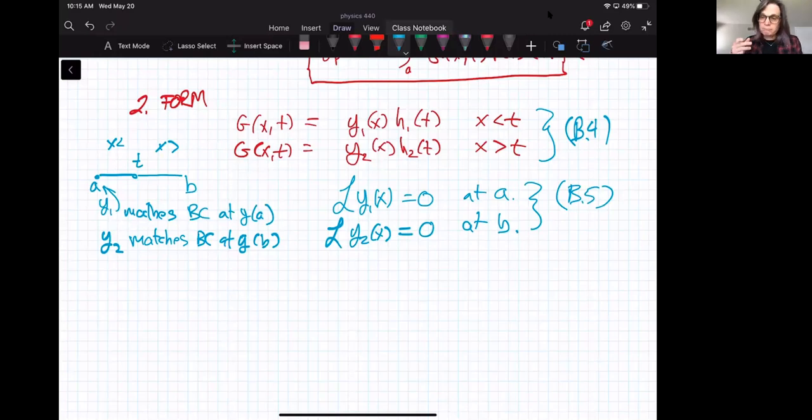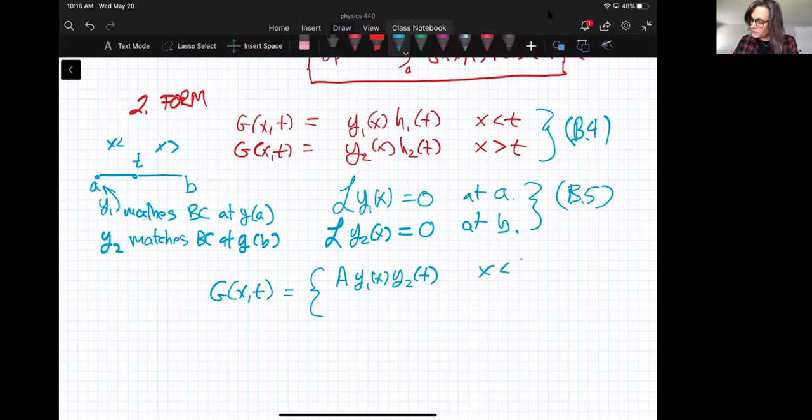And rather than go through the derivation, which takes about 2 pages in your book, I'm just going to state that the general case for the Green's function is equal to some normalization constant A times y1 of x, y2 of t for x less than t, and that same constant times y2 of x times y1 of t for x greater than t.